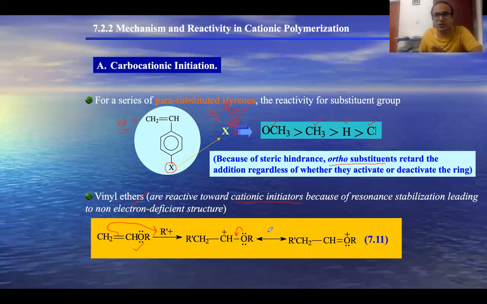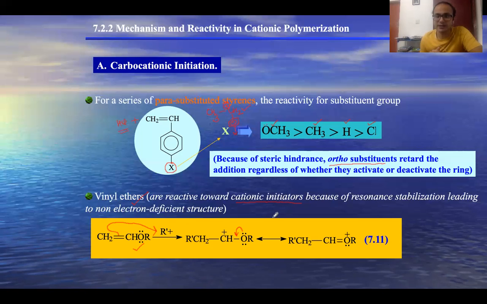So in this video, we looked into the various cationic initiators, and how the stabilization of the carbocation generated on the initiator monomer complex can greatly affect the reaction rate. We also looked into various substituent effects, how the substituents can affect the cationic polymerization.